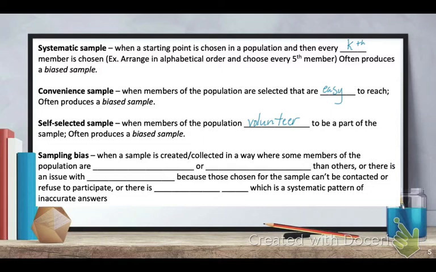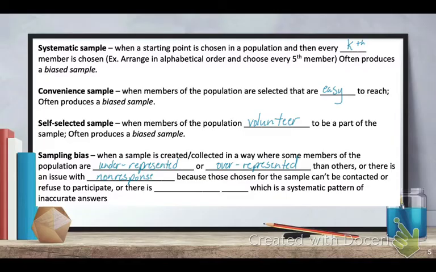Now, sampling bias is when a sample is created in a way, and I've said this, but we'll say it again, when some members of the population are underrepresented or overrepresented than others. Another type of bias is there could be an issue with non-response.